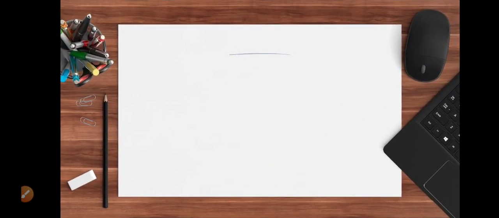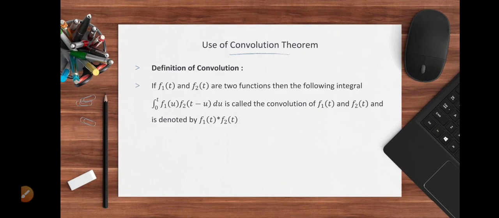First we will see what is convolution. Definition of convolution: if f1 of t and f2 of t are two functions, then the integration from 0 to t f1 of u into f2 of t minus u du is called the convolution of f1 of t and f2 of t, and is denoted by f1 of t star f2 of t.